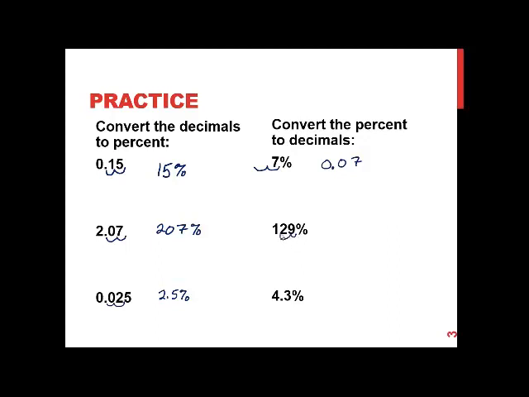So we'll move that decimal 2 places to the left, and that gives us 1.29. That's the decimal version. 4.3%. Again, we'll move the decimal 2 places to the left, and that gives us 0.043, and leading zero out front.